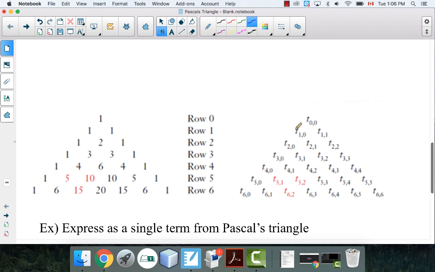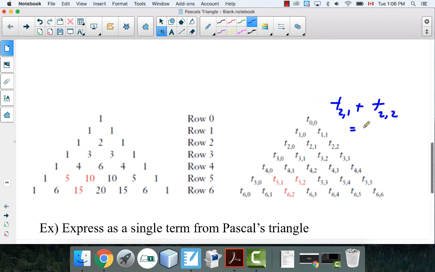Now, if you look at any of these, say, for example, T(3,2), that's going to equal T(2,1) plus T(2,2). So essentially what's happening here is you're going T(2,1) plus T(2,2).